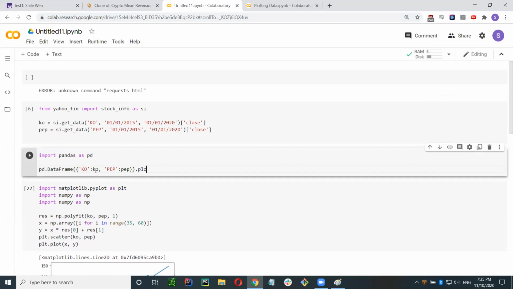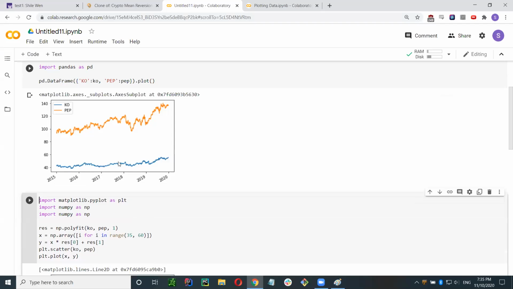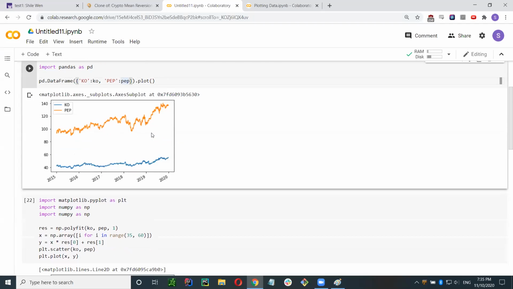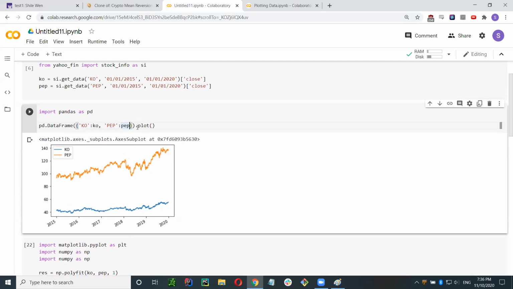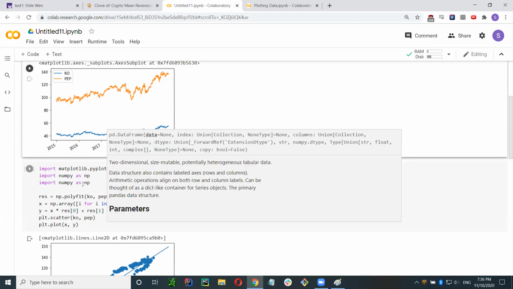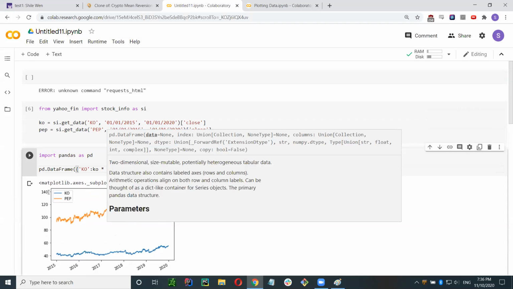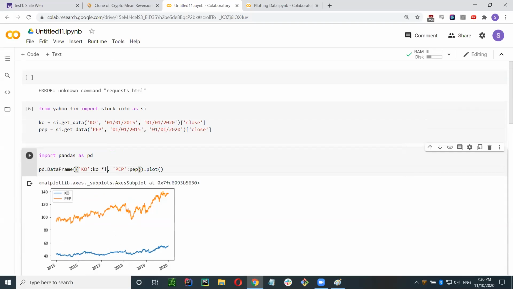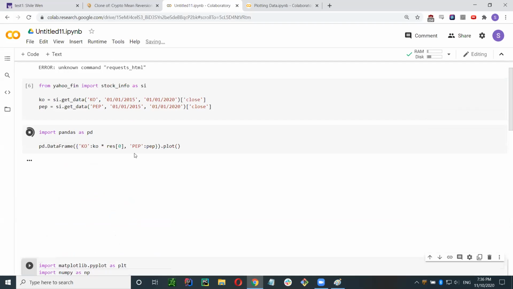Let's just plot this. Okay, so now let's multiply this KO by this res from earlier. So res[0].